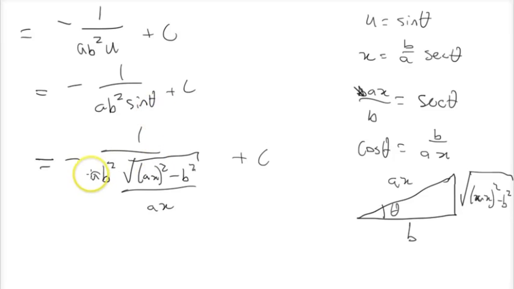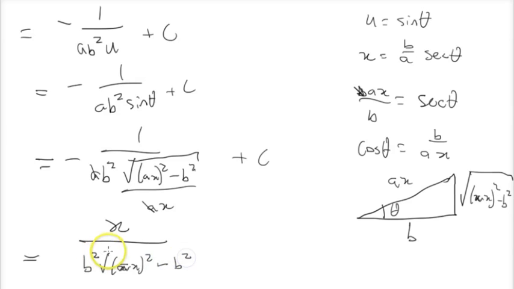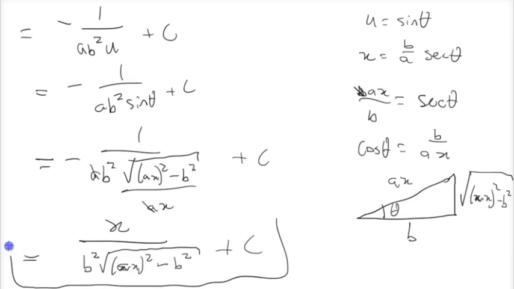We can cancel out these a's, and we can bring the x up. So the x goes into the numerator, get b squared ax squared minus b squared, all that under the radical, plus c. And there you go. That is the hardest kind of trig substitution you're gonna have to do in this class.